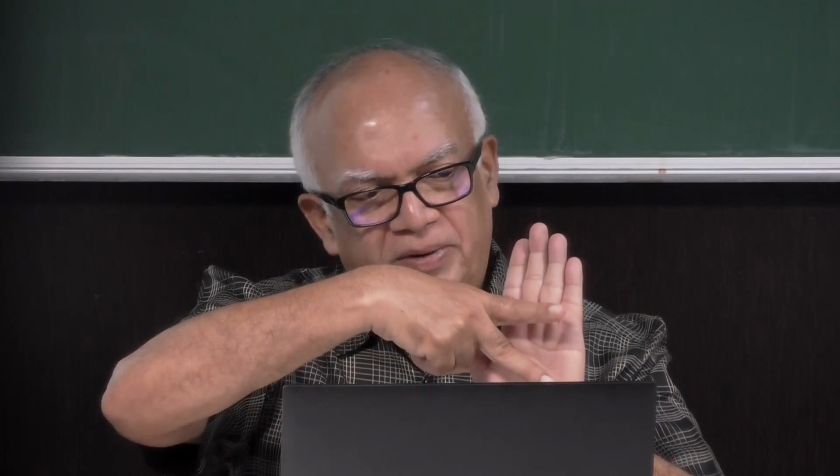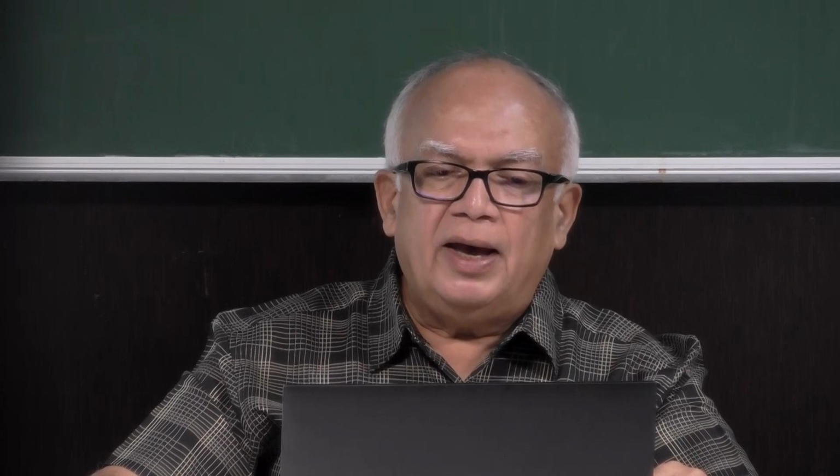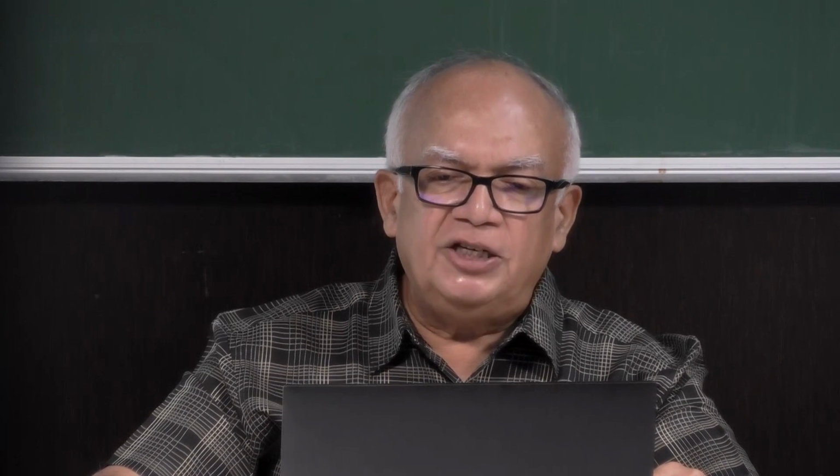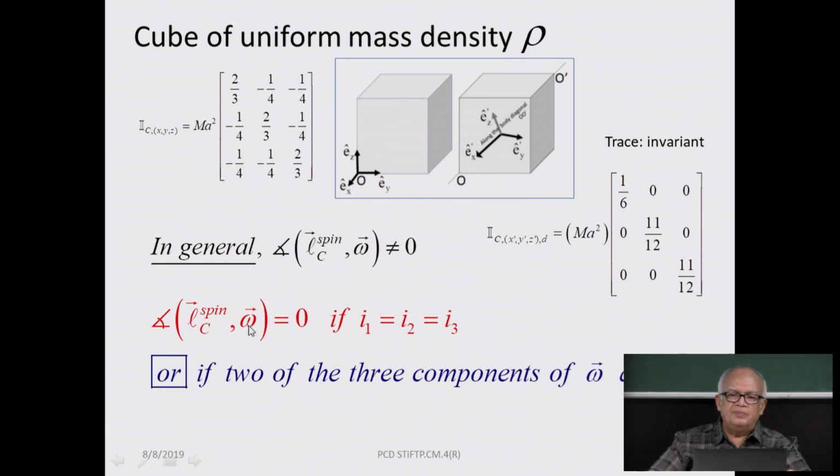So one axis is orthogonal to this plane, along the body diagonal OO prime, and the other two axes can be rotated. It doesn't matter what they are, but they are completely equivalent. So those are the three principal axes of this cube.